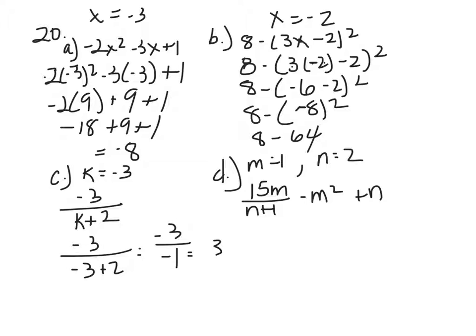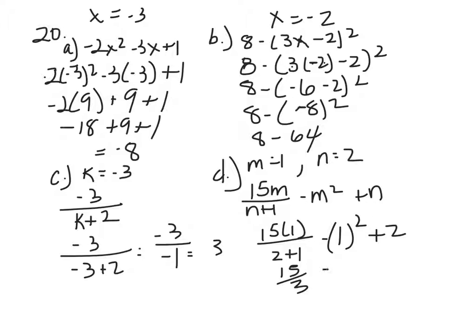If we plug in our numbers, we get 15 times 1 over 2 plus 1 minus 1 squared plus 2. 15 divided by 3 minus 1 plus 2. 5 minus 1 plus 2. I'll let you figure that out.